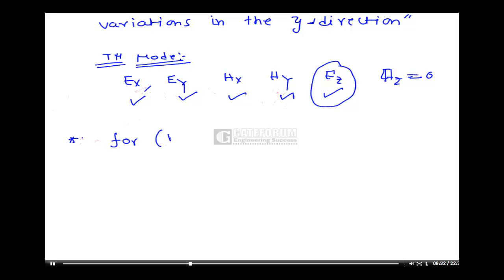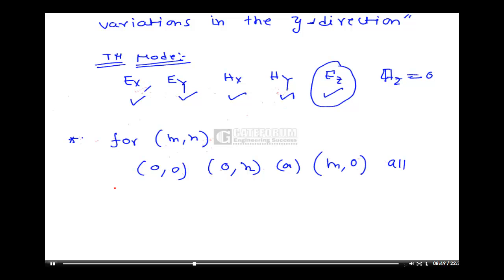For m comma n equal to 0, 0, or 0, n, or m, 0, for these combinations all field components vanish. That is, if you substitute these m and n values, all field components vanish.